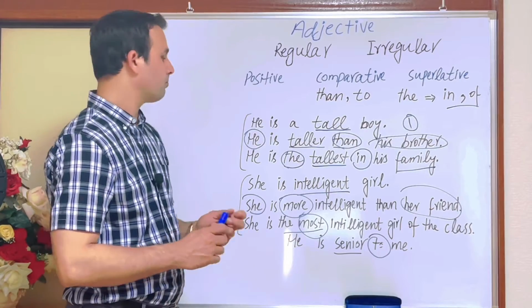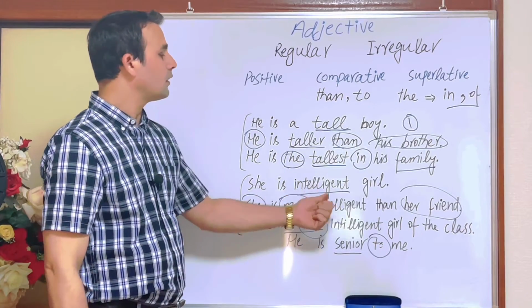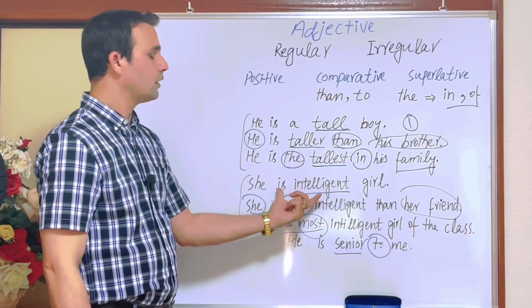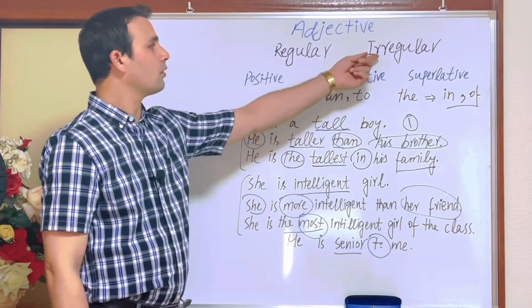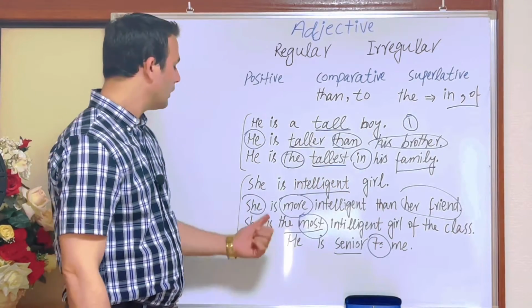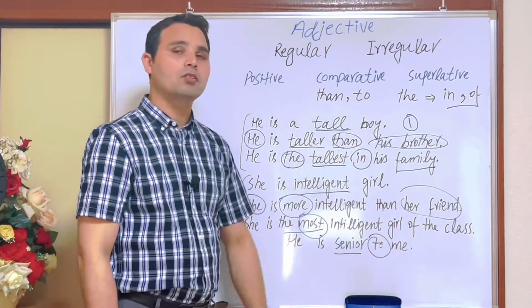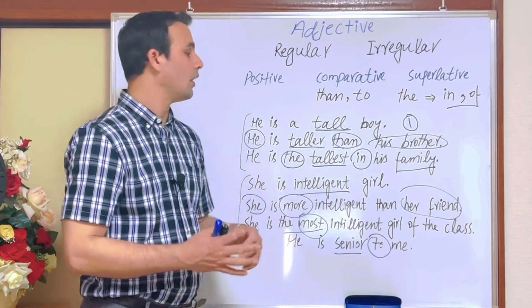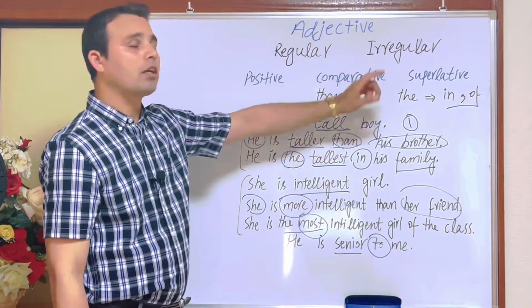Now once again, she is an intelligent girl. This is the positive degree, and this is our irregular adjective. She is an intelligent girl. She is more intelligent than her friend. Now we want to compare between two persons, and this is our irregular adjective.